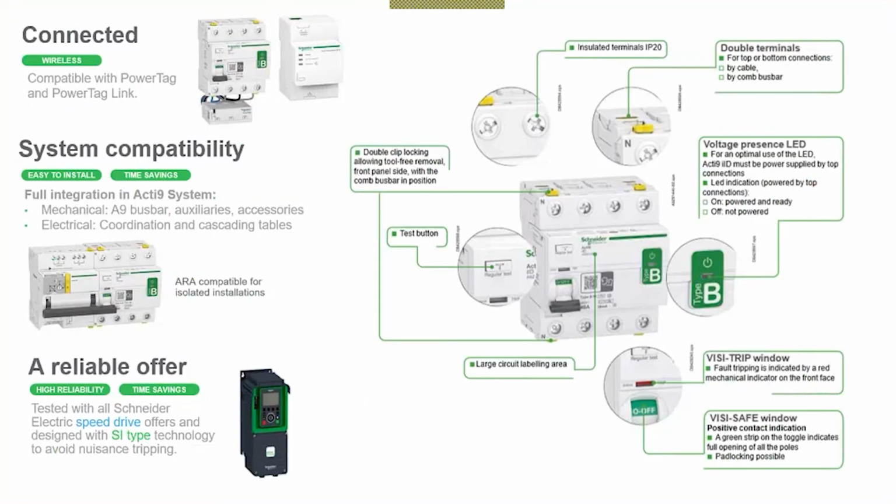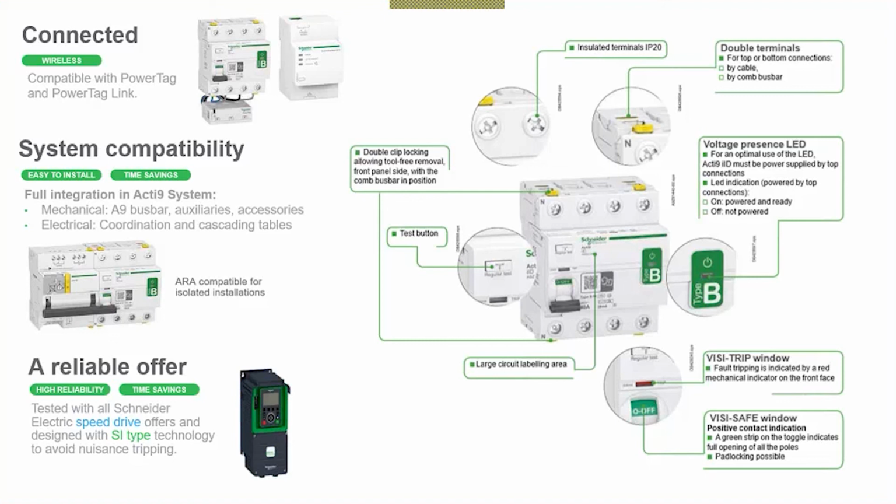Keeping in line with the rest of our Acti9 offer, they're fully integratable and compatible with our existing Acti9. So they're connected, obviously compatible with our PowerTag and energy monitoring solutions, compatible with our auxiliaries and ARAs, etc. And they've been tested specifically with use of our own variable speed drives, ensuring that our Type SI technology is working as it should be to avoid nuisance tripping.